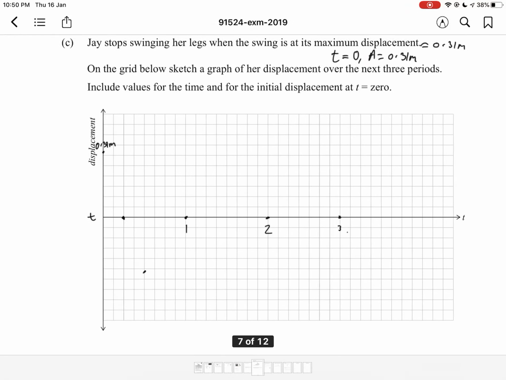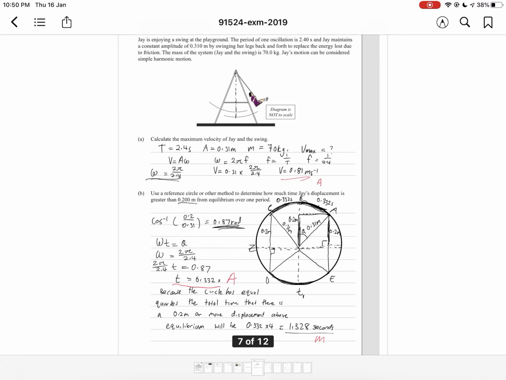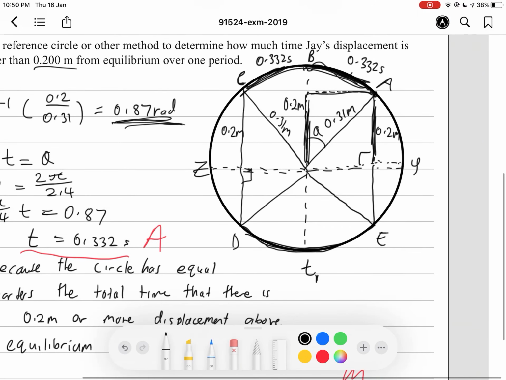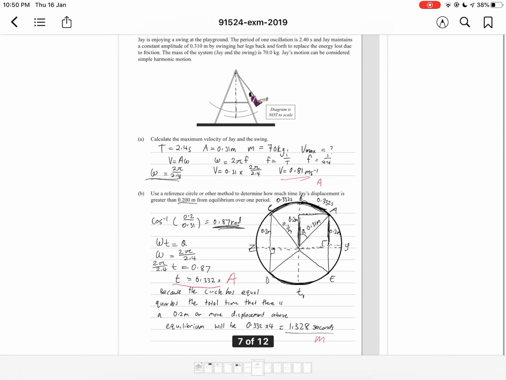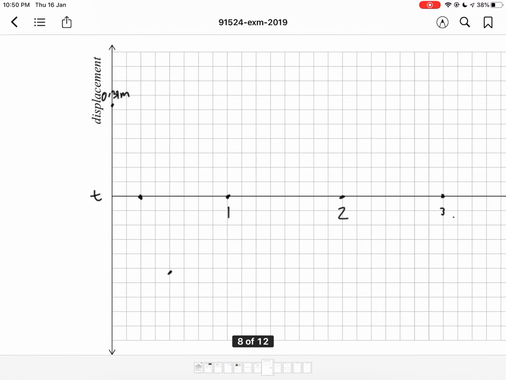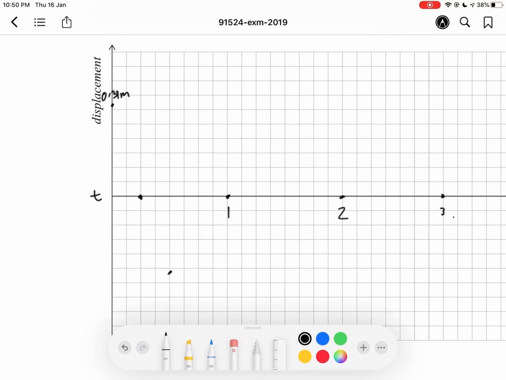And then, if we go back to our reference circle, after another quarter cycle, we're going to reach back to point Y. We'll call this point Y, which is at the equilibrium again, which means that the displacement is 0 again. So another 2 squares to reach displacement 0.